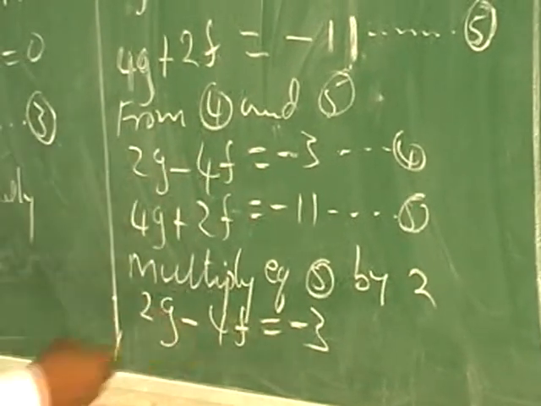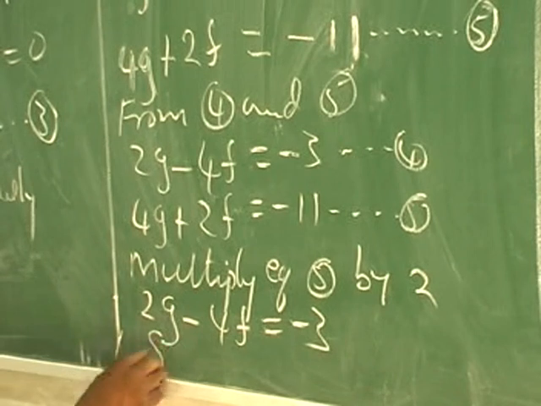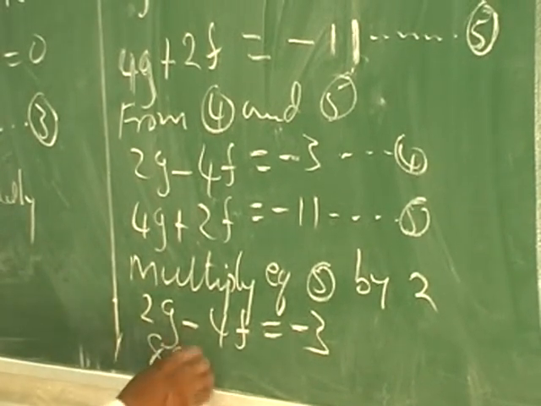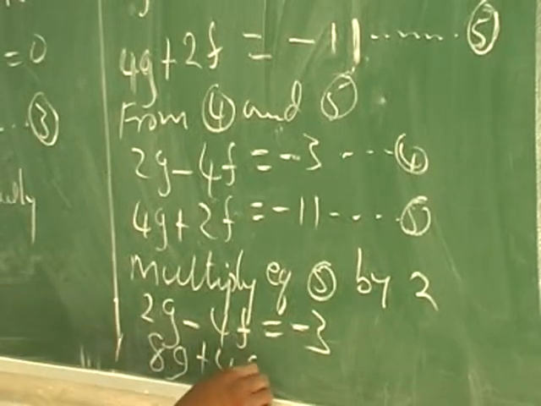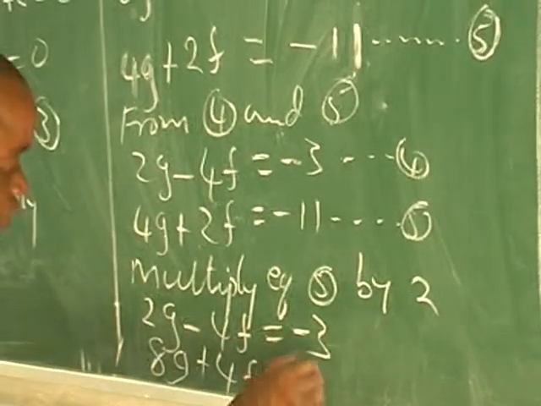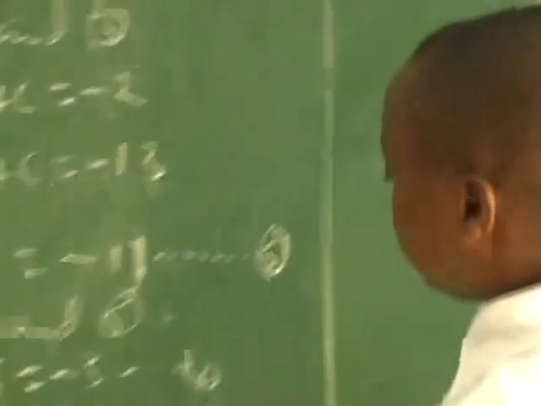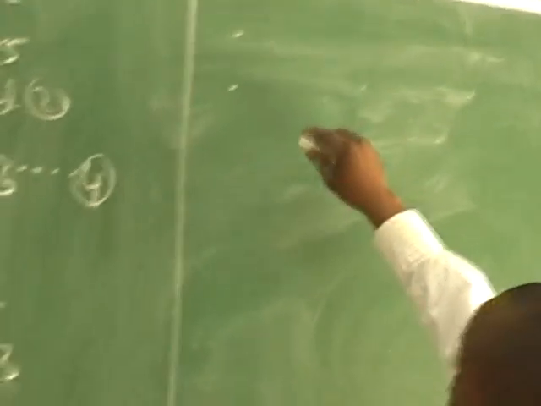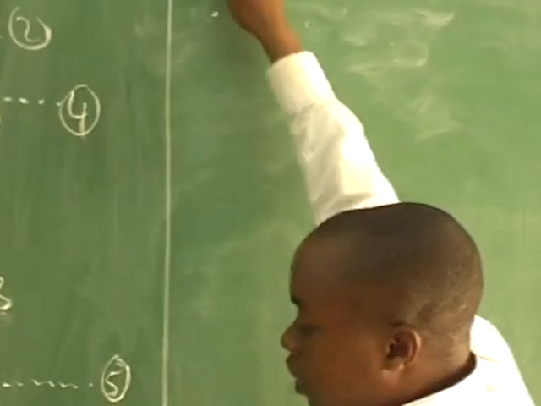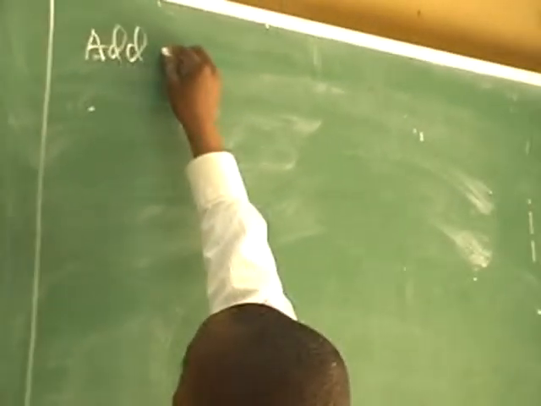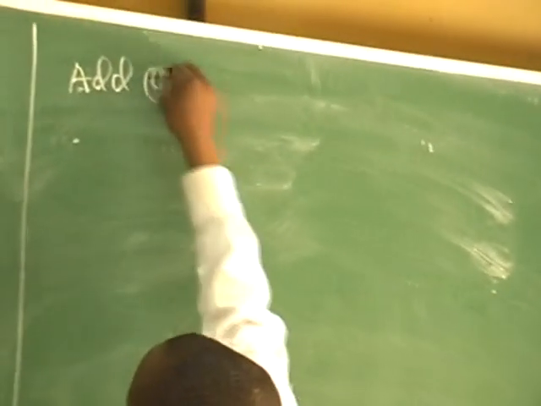And when we multiply this by 2, we have 8g plus 4f will be equal to minus 22. Yes, minus 22.